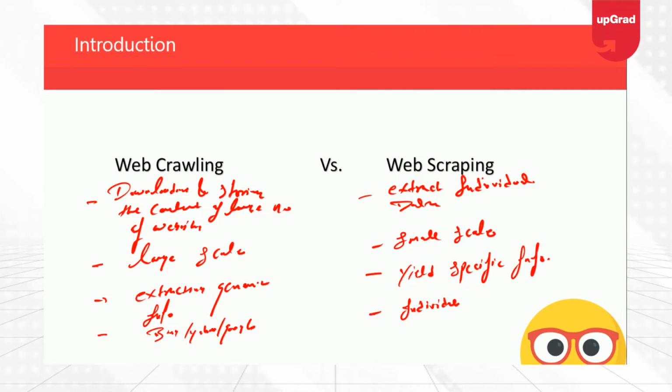And we do not look for everything which is available over the web page, but for specific data. It can be the names of people, it can be addresses, it can be the price of any product. So it can be any specific information. So I hope this discussion clears your understanding about the differences between web crawling versus web scraping.